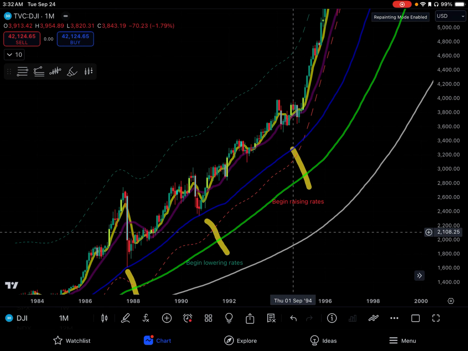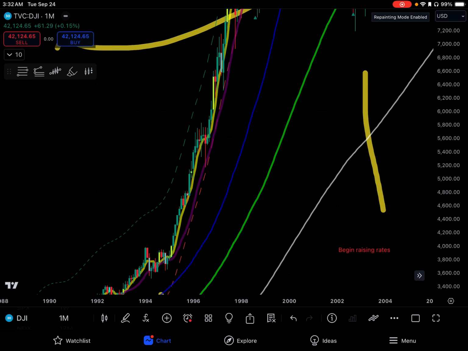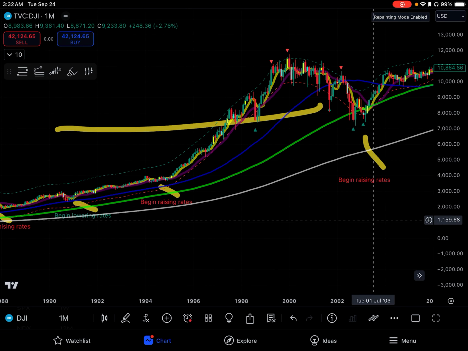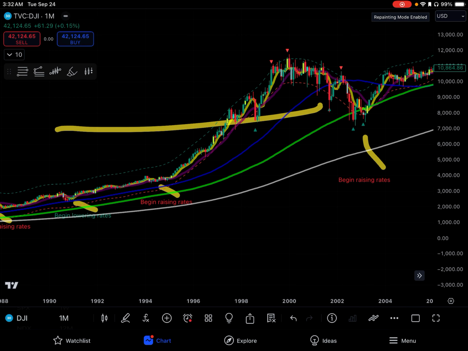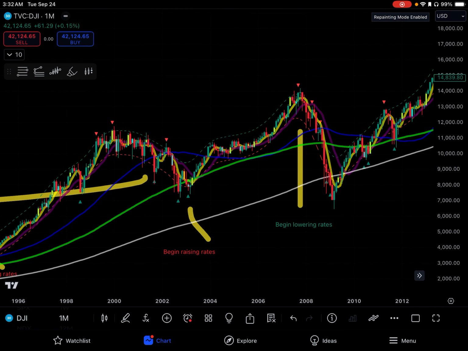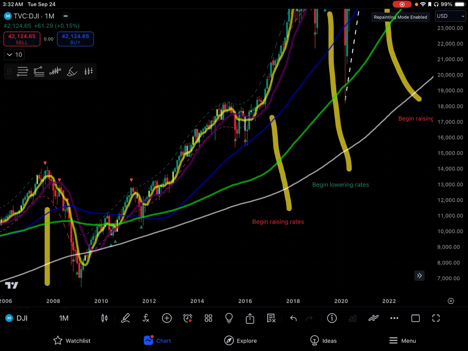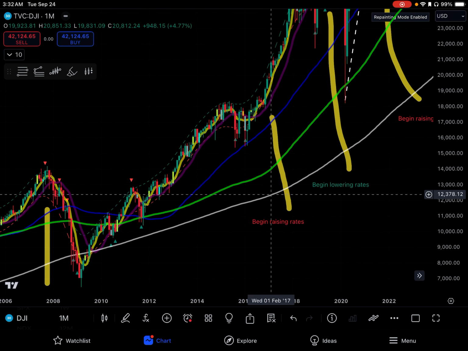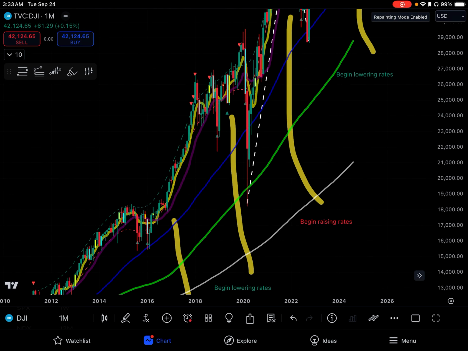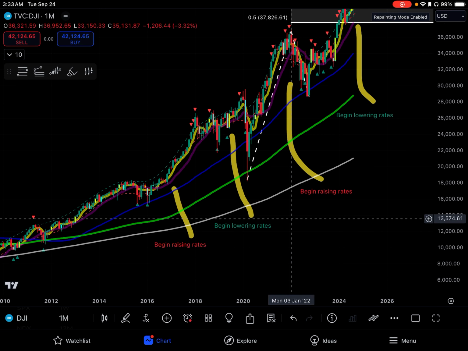During this long bull run. And 94. And 03. After the dot-com era. Right at the start. And then February of 2017. And then this one was right at the peak in December of 21 of the COVID bull run that we did see.